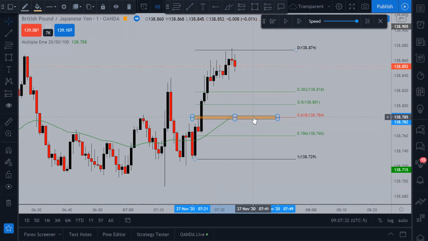That gives us three confluences: the 618 fib, the 50 EMA, and the structure of the previous high. That's what we need, and that's what we want. We just want to make sure the quality of the break of that level is high.